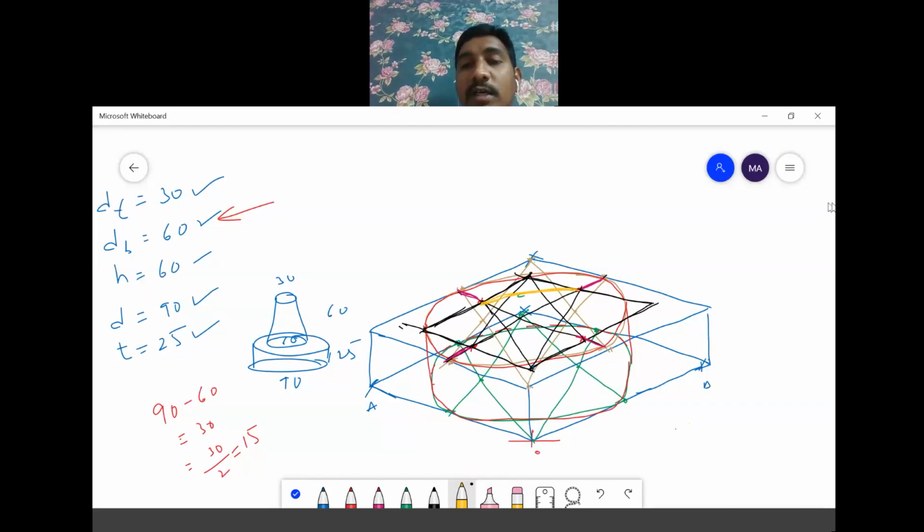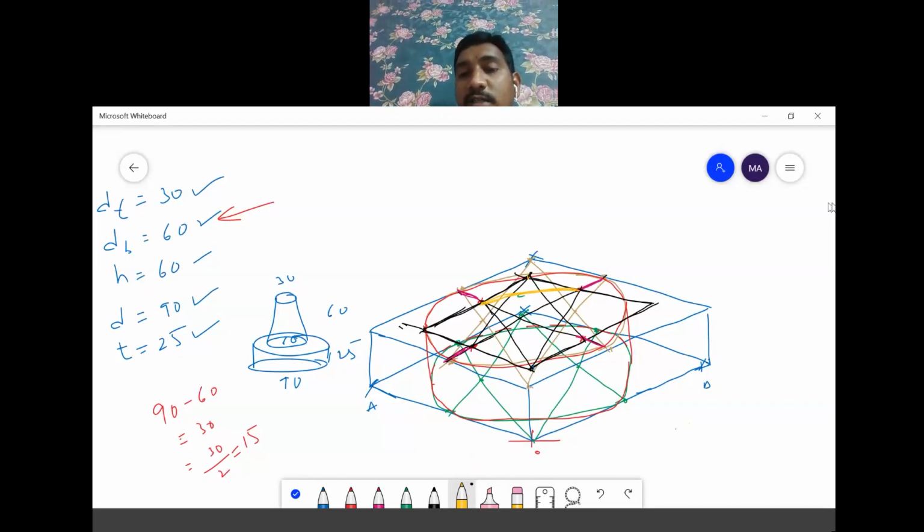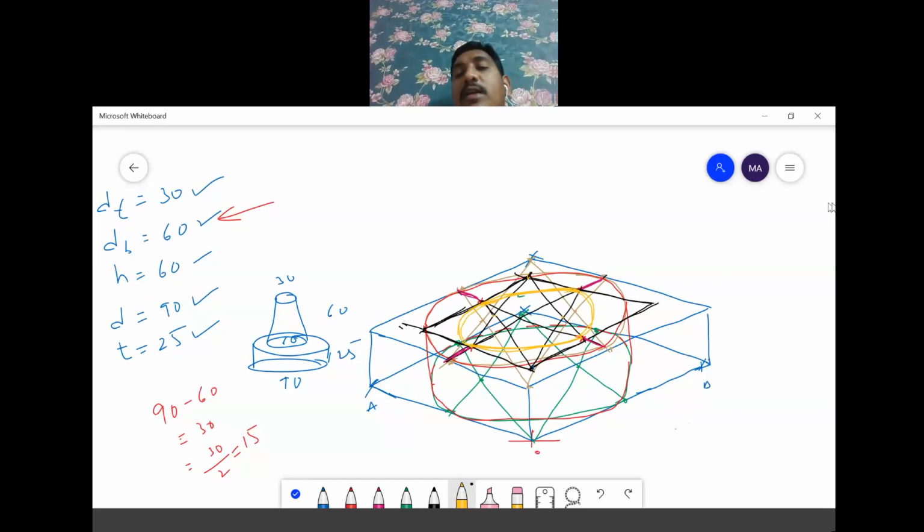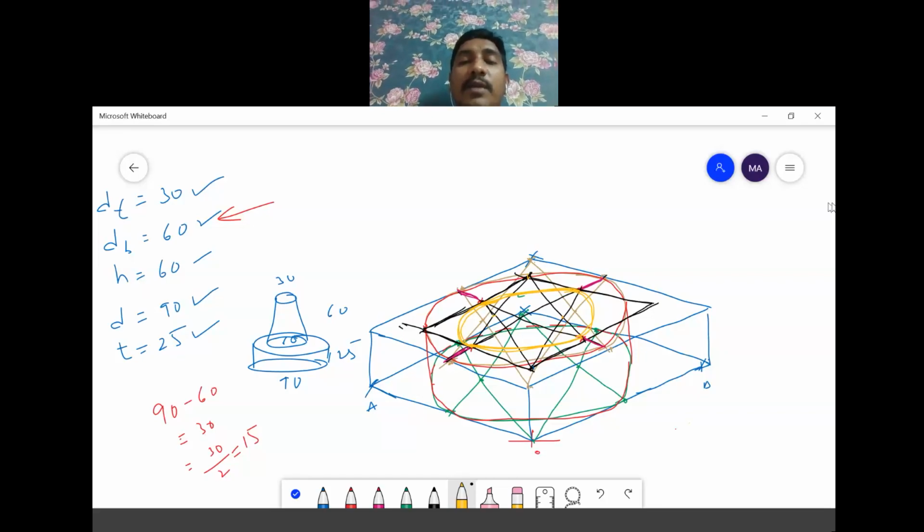This as a center, this as a radius, I have drawn one arc here. This as a center, this as a radius, I am drawing one arc here. This as a center, this as a radius, I am drawing one arc here. I have drawn a circle of 60 mm diameter.